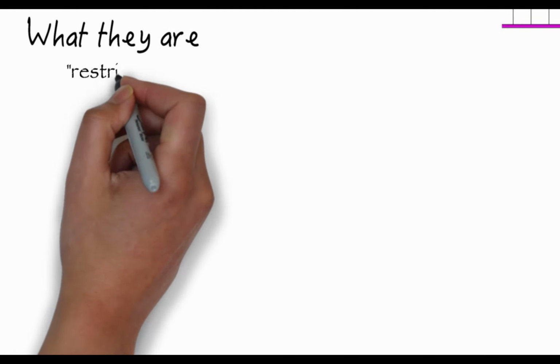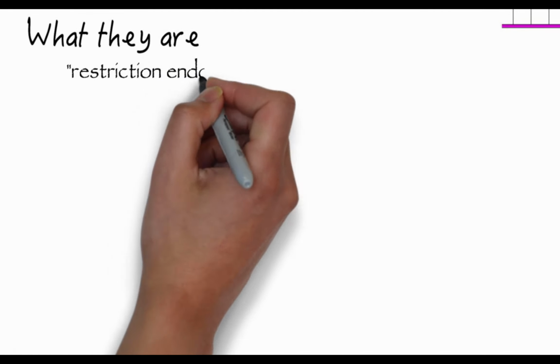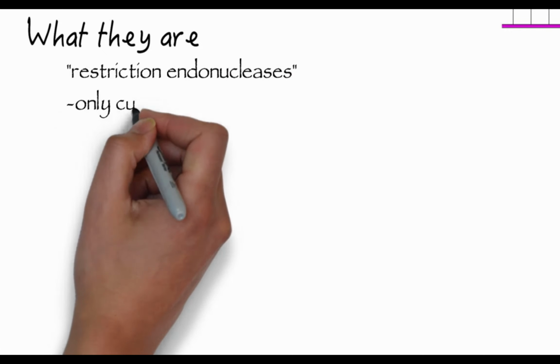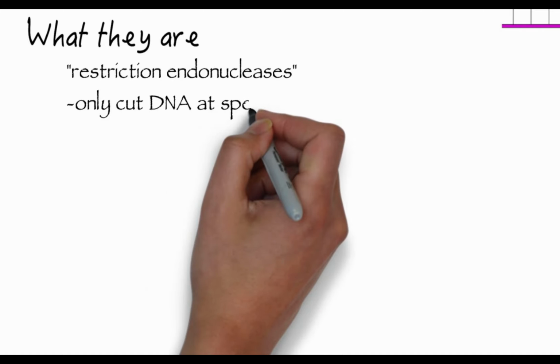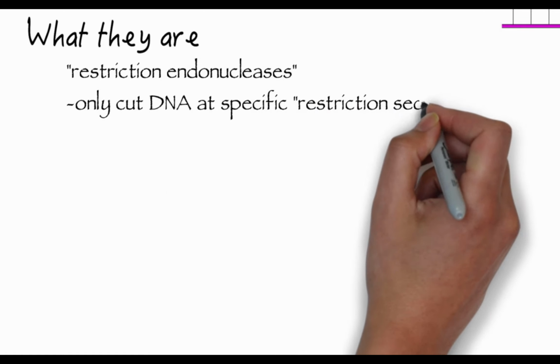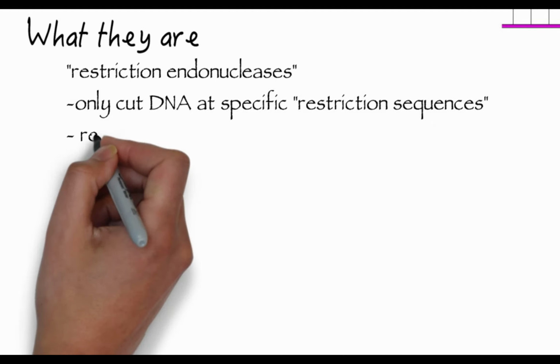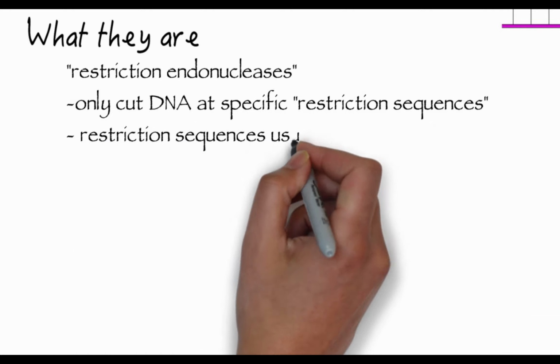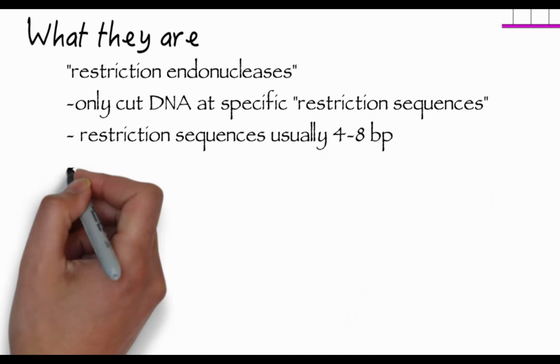Restriction enzymes, or endonucleases, only cut the DNA at what we call restriction sites. These specific sequences of DNA are usually 4 to 8 base pairs long.